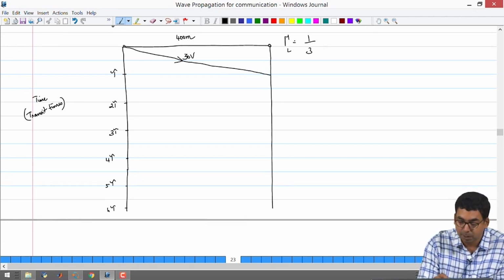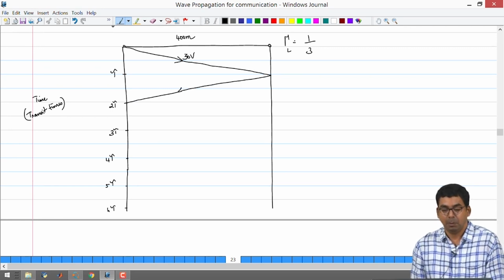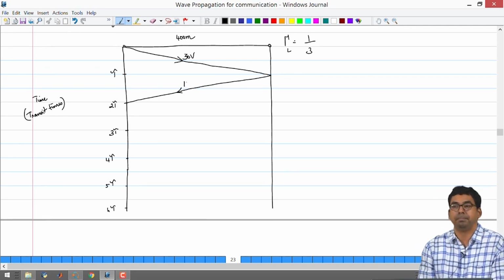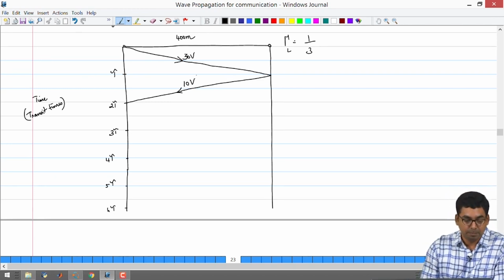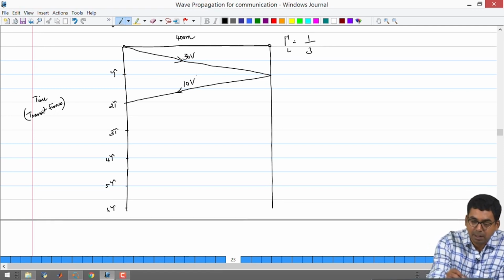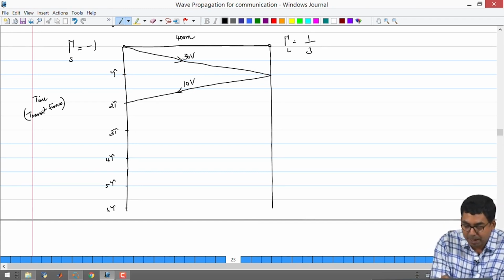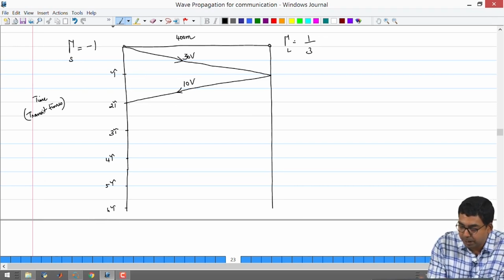So, I can go ahead and connect these two. 1/3 will mean that this will become 10 volts. And once it reaches the source end, there is going to be a reflection coefficient again. So, I will write gamma S is equal to minus 1. So, I will be having minus 10 volts going to the other side.